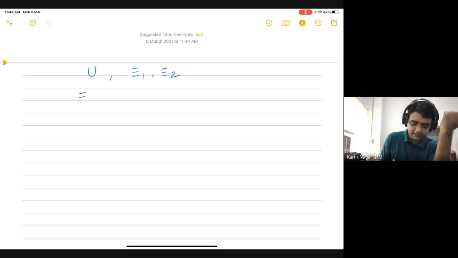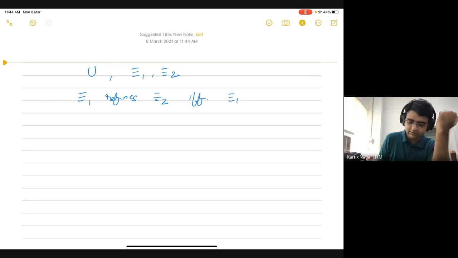We say that relation one refines relation two if and only if, since these are both relations, which means they are subsets of U cross U, this relation one is a subset of relation two.